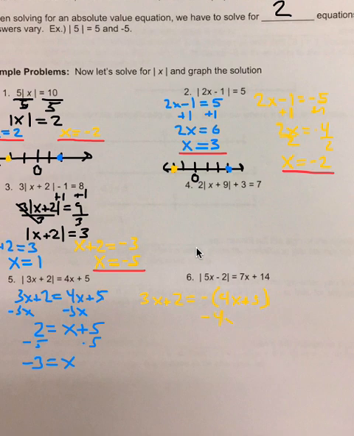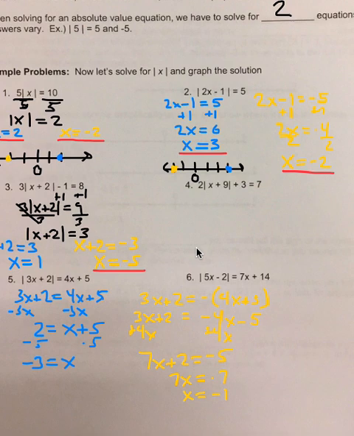This is negative 4x minus 5 over here. 3x plus 2. I'm going to add 4x to both sides. So I'm going to have 7x plus 2 is equal to negative 5. Subtract 2, 7x equals negative 7, and I get x equals negative 1.